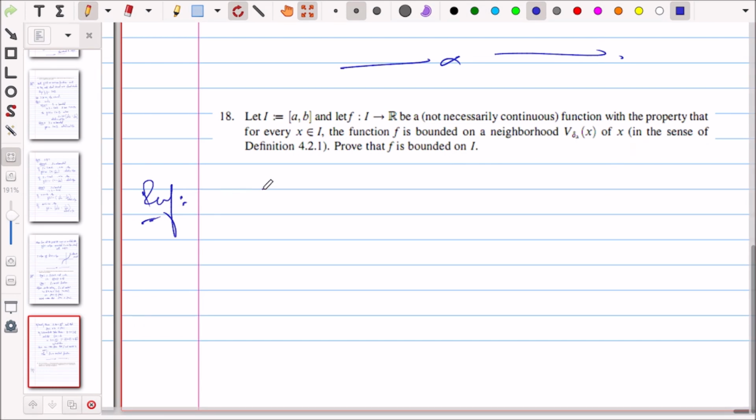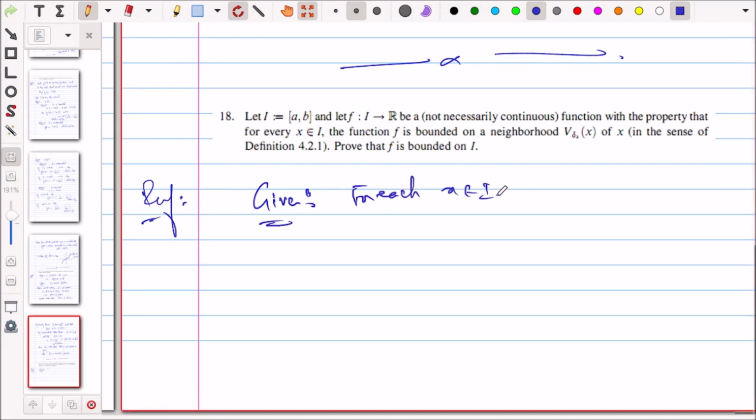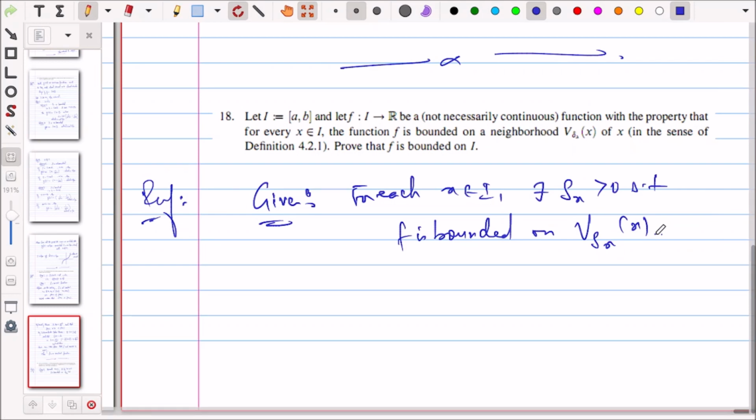Proof. Given is, for each x belonging to I there exists delta_x greater than 0 such that f is bounded on V_delta_x(x).